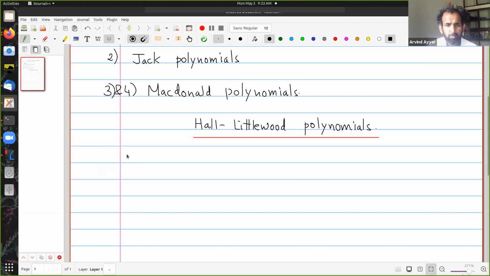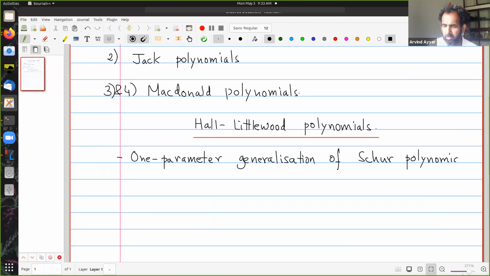Okay, so the Hall-Littlewood polynomials are a one-parameter generalization of the Schur function. So I will take off where Amritanshu left off. The Schur polynomials are a class of symmetric functions.